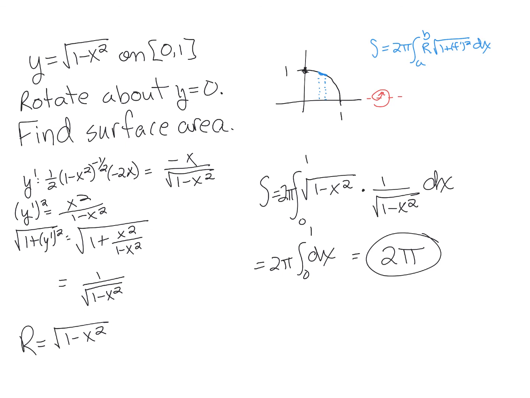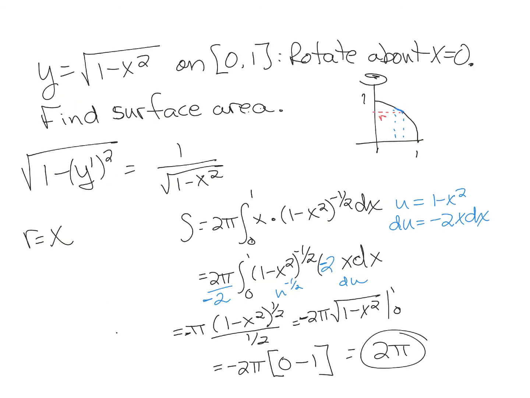And we're just doing everything with respect to x to make it simple here. Focus on the radius. The radius is the distance from the axis of rotation to the curve. In this case, because we're doing dx, we're going to use the curve as our radius. So when we set this up, here's the radius, and here's the arc length portion. Those guys cancel out, and you're just integrating dx, which is going to give me 2 pi x from 0 to 1. I end up with a plain old 2 pi.